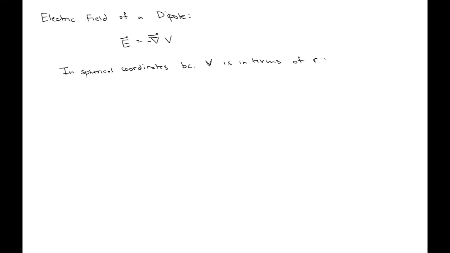All right, so I need to take the gradient in spherical coordinates. I can look in the back of the book and figure out how I need to do that. Each component of my grad vector is given in spherical coordinates by what I'm writing out here.